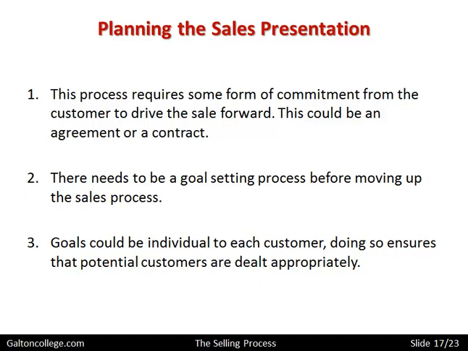Some may be very wary of the selling process. So they need to be put at ease about the selling process and be reassured that they are buying something which is of good value, it's reputable, and it's suitable for their requirements.